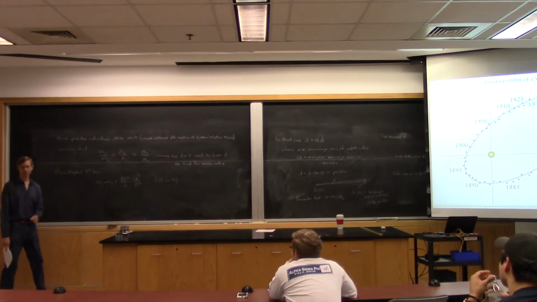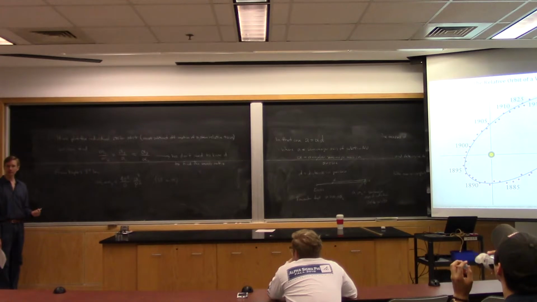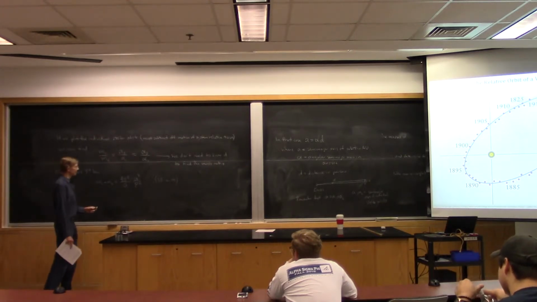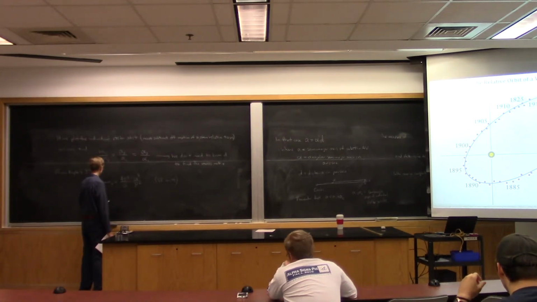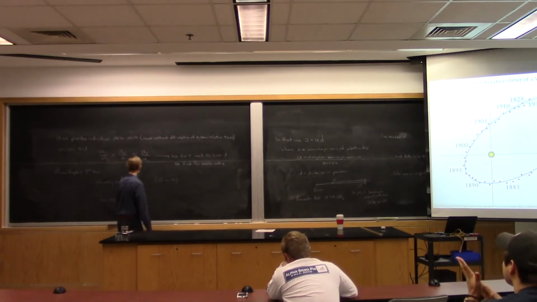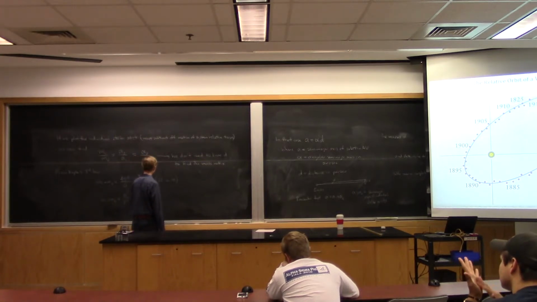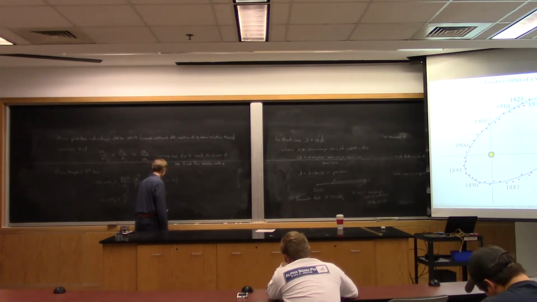That's not what I want to do, because again, it's really better to find the masses in terms of the sun's mass. If we use A in AU and P in Earth years, this just becomes m1 plus m2 is equal to a cubed over p squared, where A is in AU, P is in years, and m1 plus m2 is in solar masses.